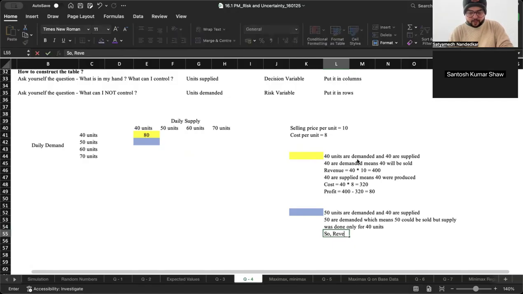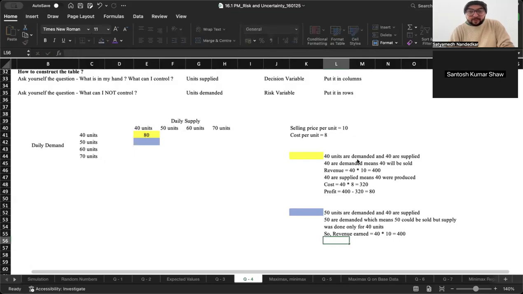So revenue earned, you had the capacity, you had the scenario possible to sell 50, but आप बेच कितना पाए? आप बेच 40 ही पाए. Why? Because supply से 40 units का हुआ था. So revenue earned was 40 into 10, that is 400.